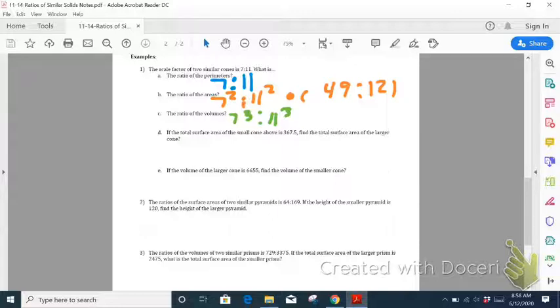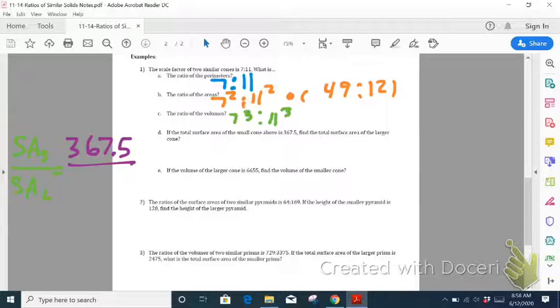Okay, so if the total surface area of the small cone is 367.5, find the total surface area of the larger cone. Alright, well, we could set up a proportion here. The surface area of the small cone divided by the surface area of the large cone. Well, the surface area of the small cone is going to be 367.5.